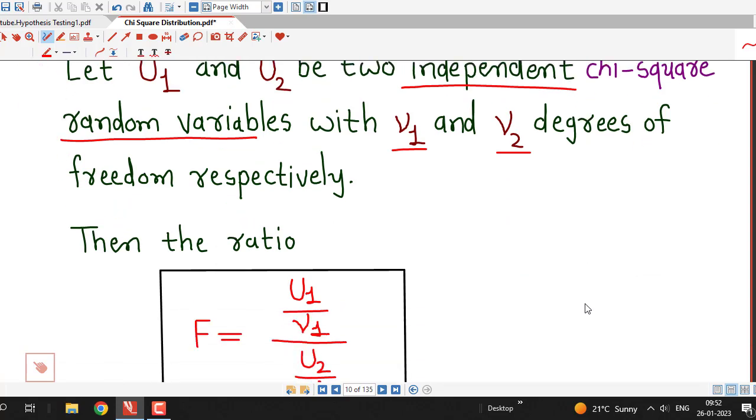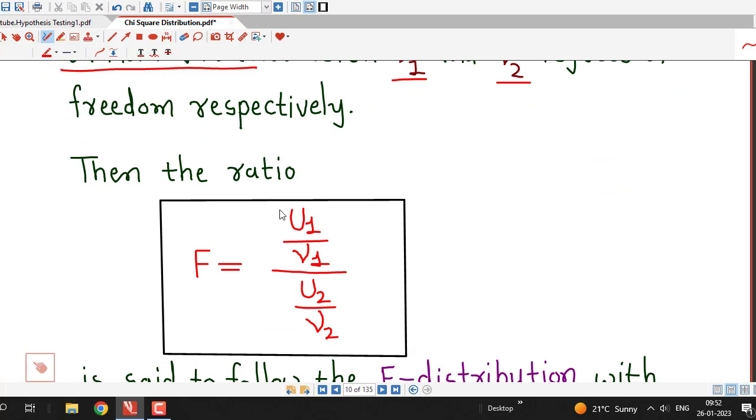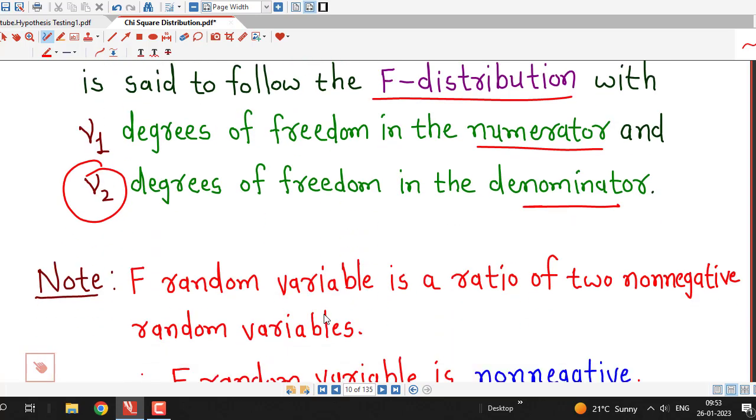So this is how we can consider the definition of the F random variable. It is the ratio of two independent chi-square random variables U1 and U2. In the numerator we consider the U1 random variable divided by its degrees of freedom. In the denominator we consider the U2 chi-square random variable divided by its degrees of freedom.